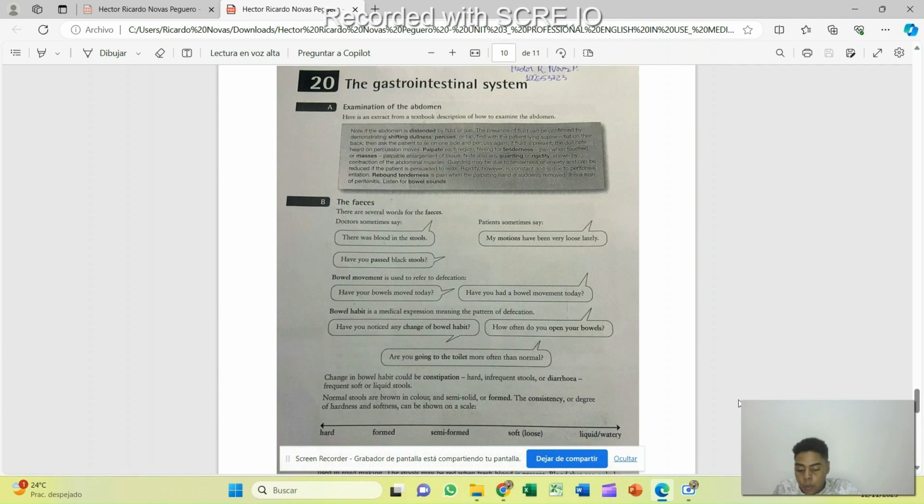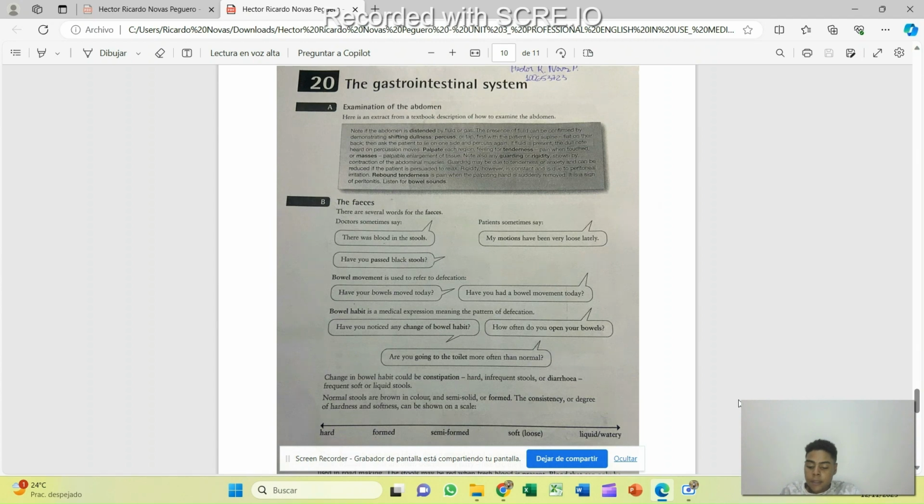Rigidity, however, is constant and present even when the patient is at ease, due to peritoneal irritation. Rebound tenderness is pain when the palpating hand is suddenly removed.